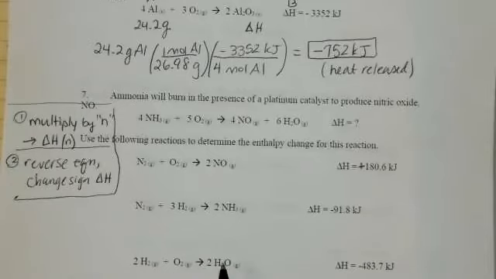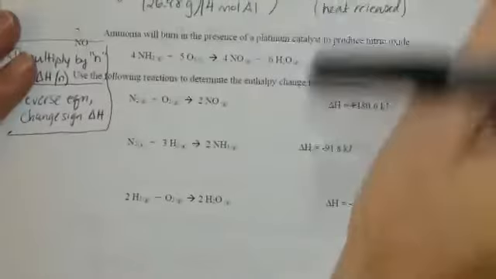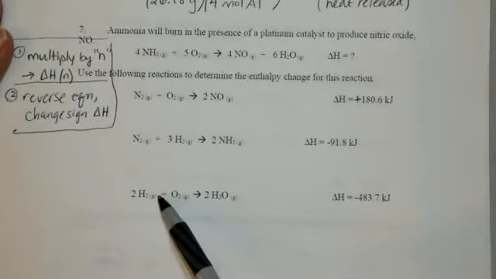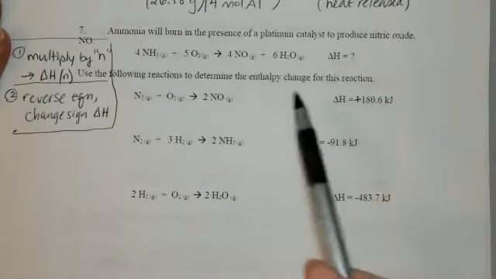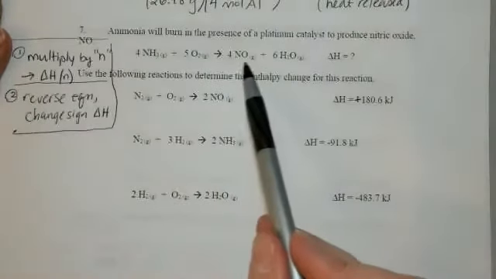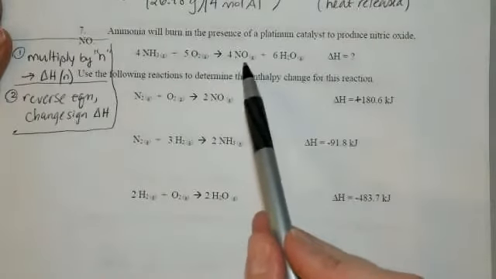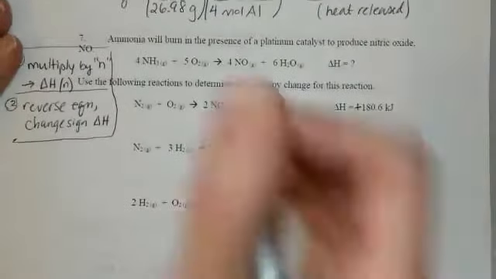Hydrogen plus oxygen to make water, releasing 483.7 kilojoules. So what you're tasked with doing here is using these 3 given thermochemical equations to figure out the thermochemistry of that target equation, the NH3 plus oxygen to make nitrogen monoxide and water.